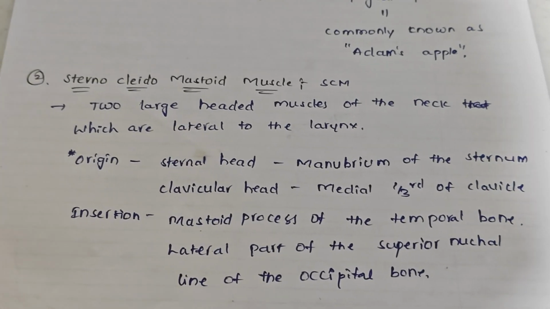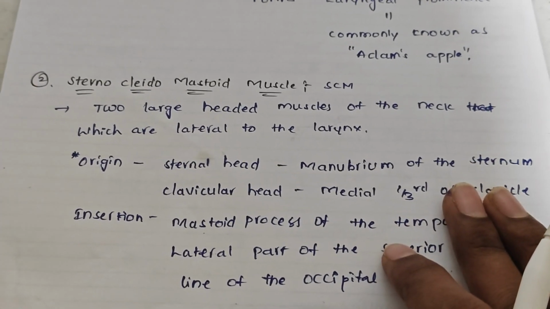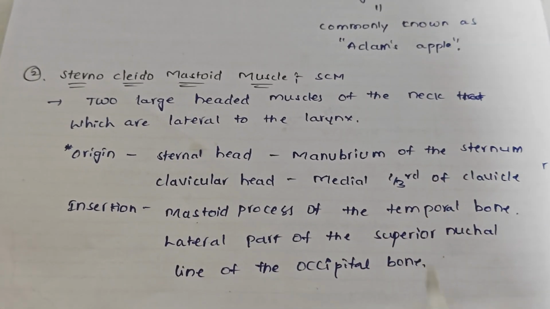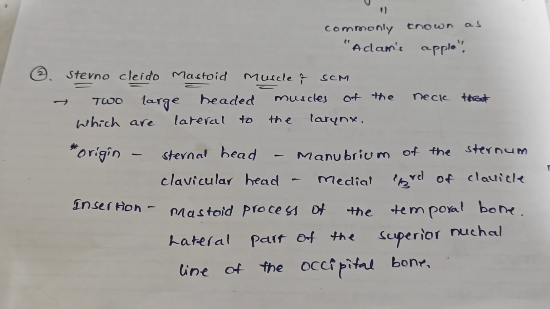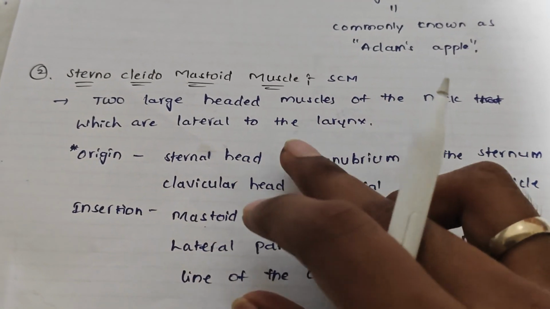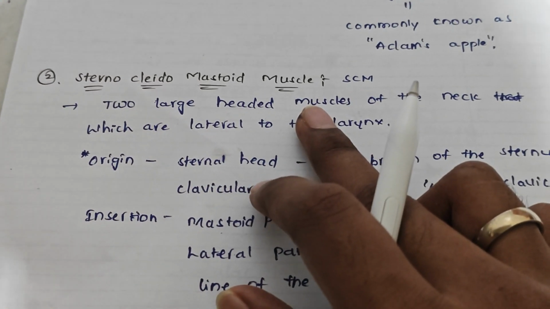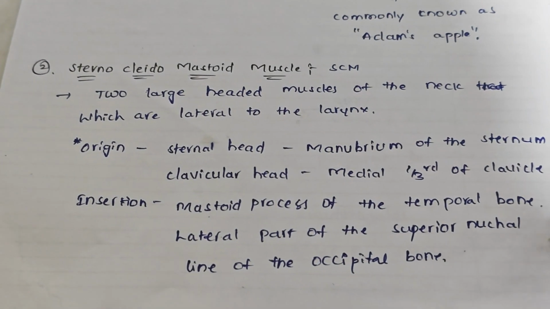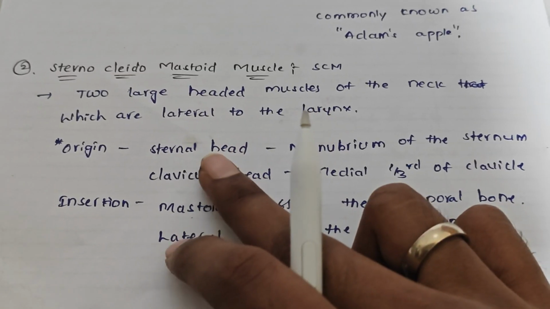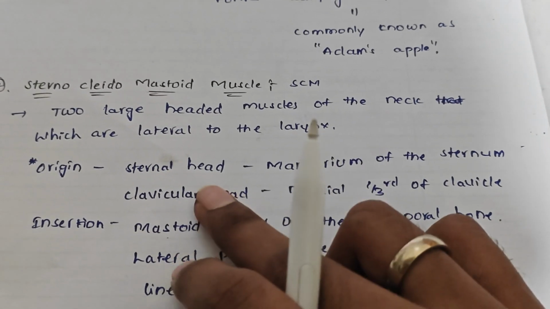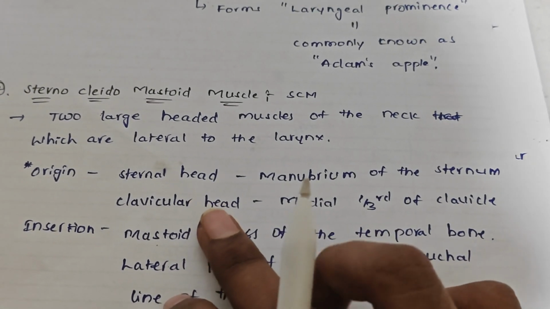Next surface landmark is SCM, sternocleidomastoid muscle. Firstly, it is a two large headed muscle of the neck which is located lateral to the larynx. Two heads means it will have two origins: one origin from the sternal head and the other from the clavicular head.